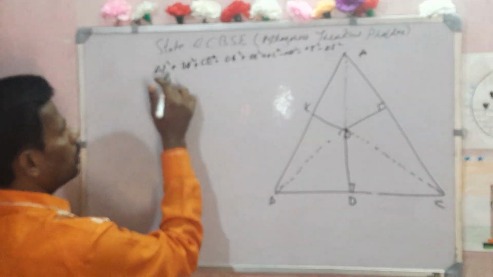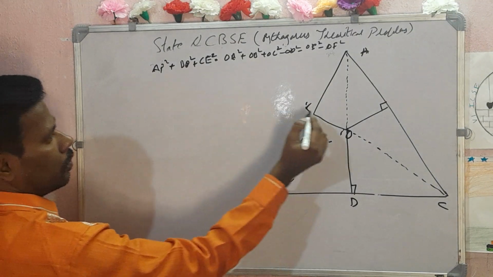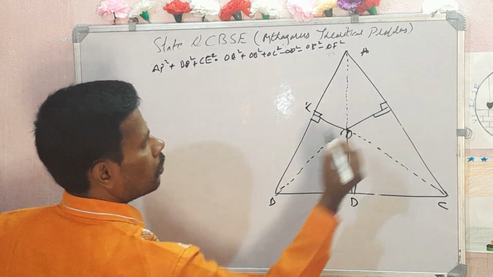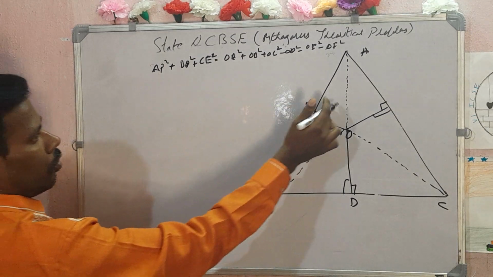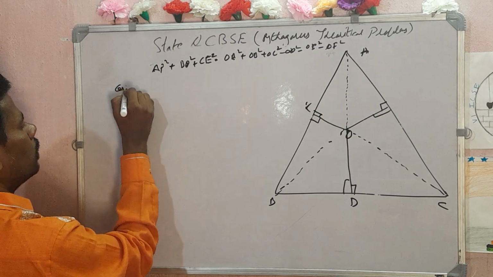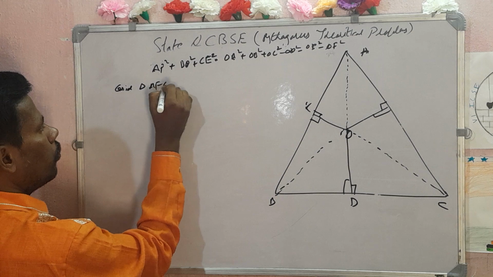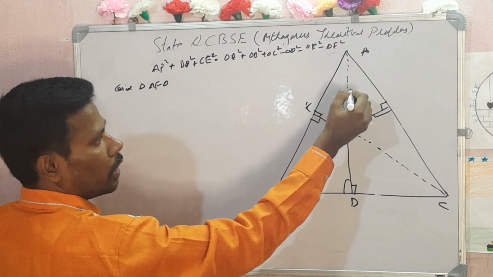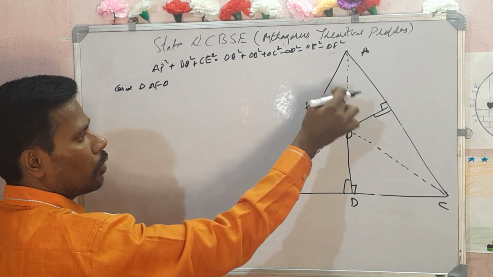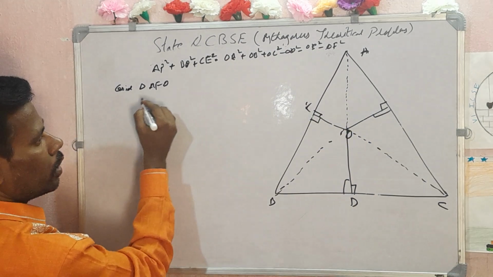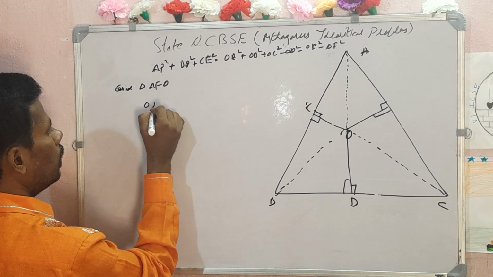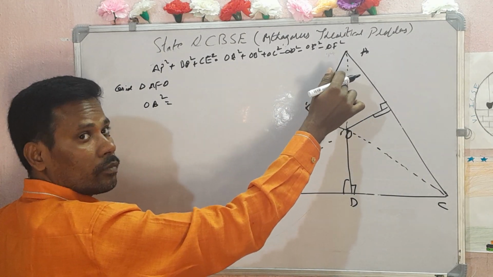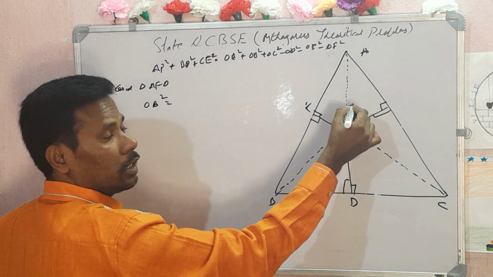So AF square, consider this one, AF square. Right? So this is a right triangle. Consider triangle AFO. This is the hypotenuse, right? So how will you get the hypotenuse? OA square is equal to, this is right angle, this is the hypotenuse.